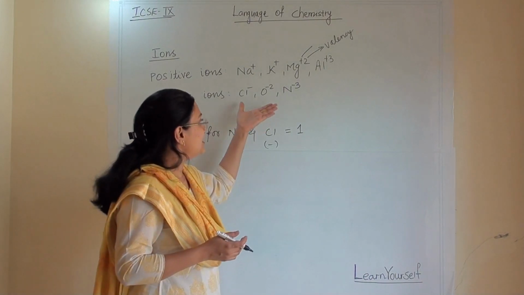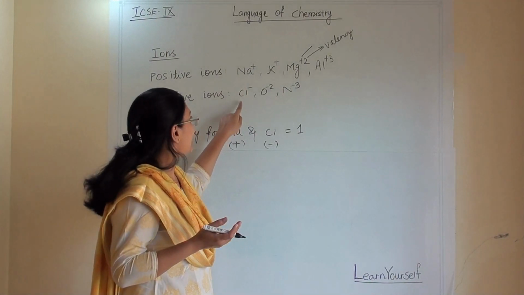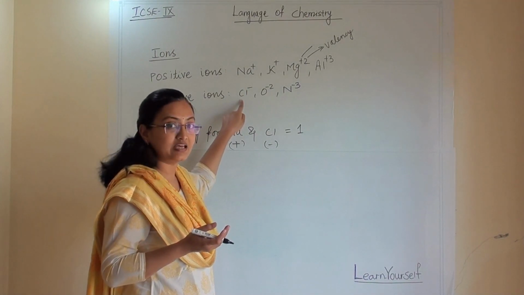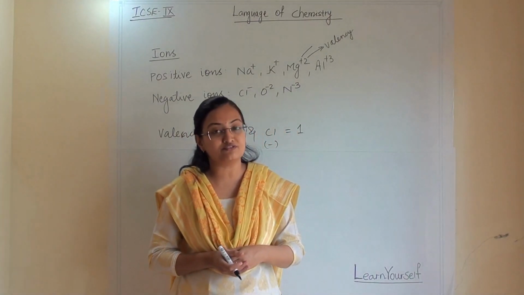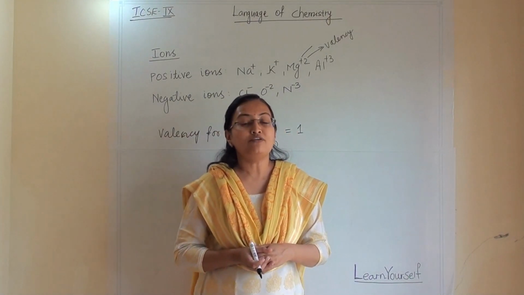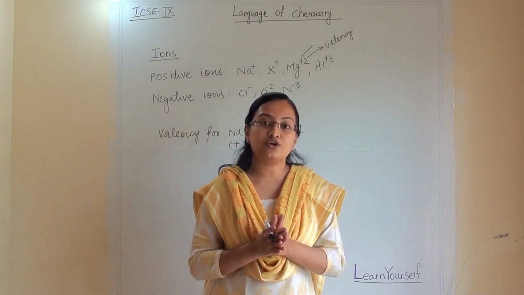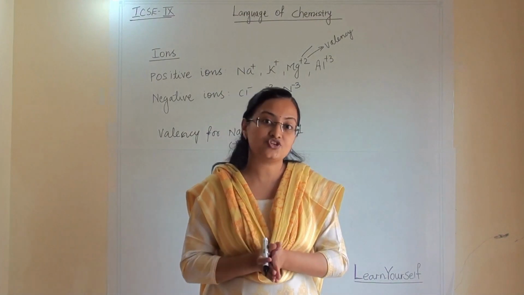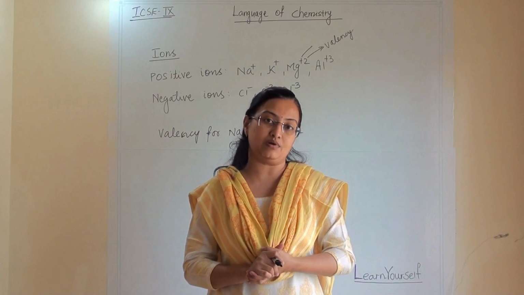If you have any doubt about how Na1 plus and Cl1 minus come about, then please check my video based on electronic configuration from standard 8. It covers how to write electronic configuration, what the valence shell is, and how we determine valency for each and every element.